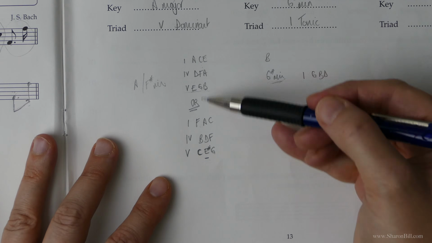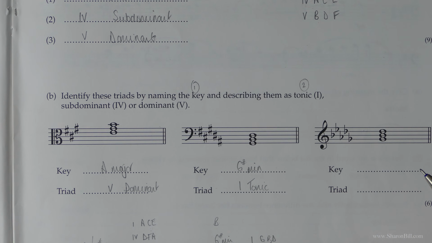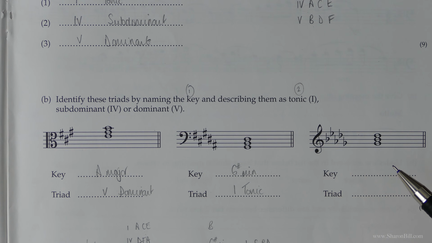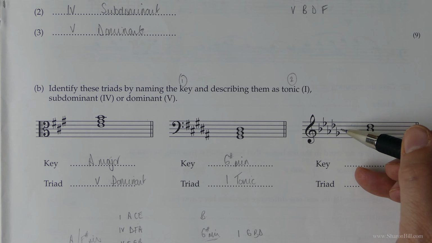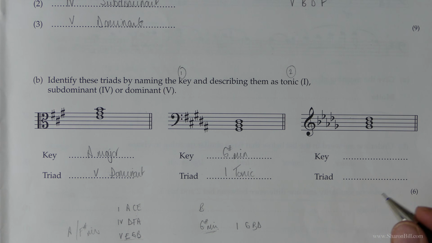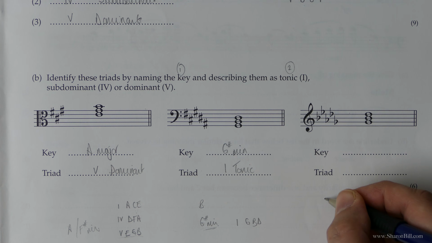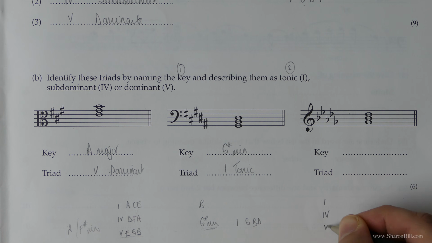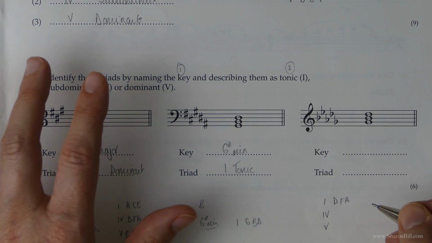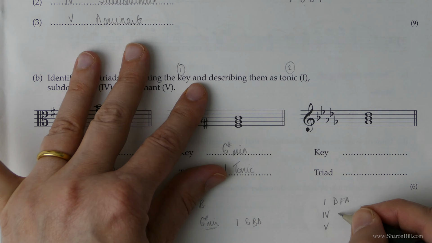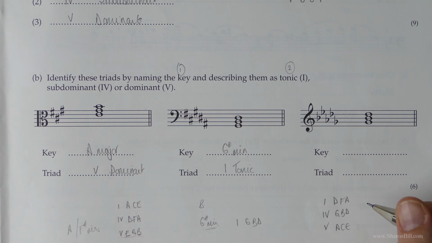If you want to write out all of those chords to be absolutely sure of your choice, then by all means do so. Here we've got a key signature of 1, 2, 3, 4, 5 flats. So it could be D flat major. Let's try and see if that works first of all. So 1, 4, 5: D flat major, D, F, A. Chord 4: G, B, D. Then A, C, E. Let's see if any of those fit.